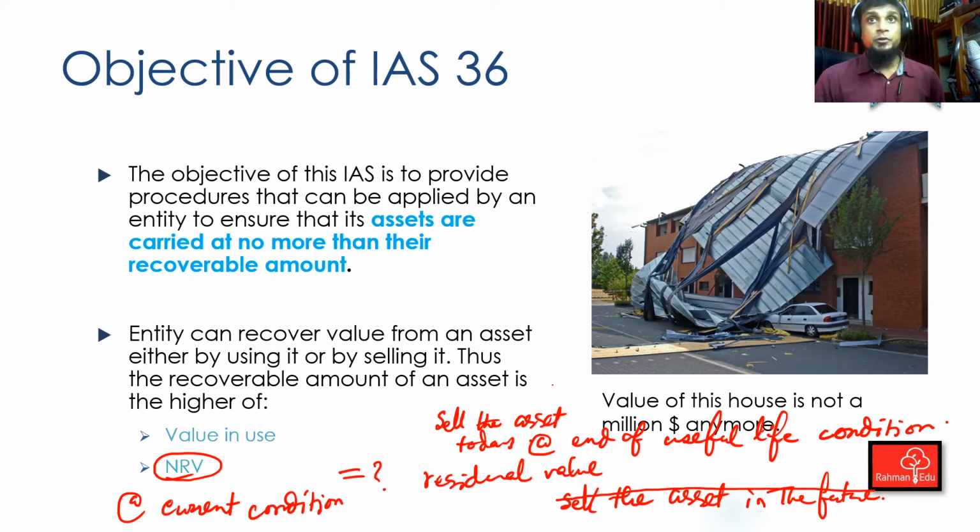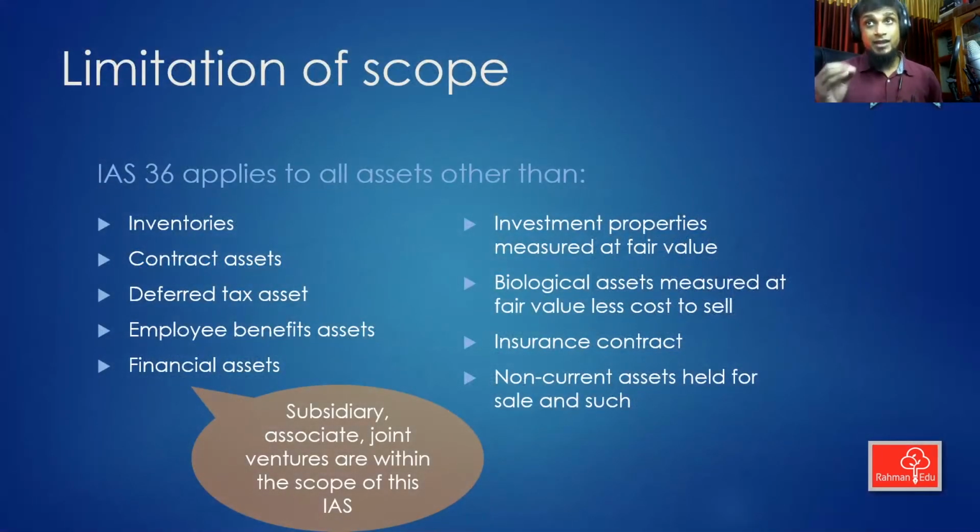Let's move on to our next topic. That was the limitation of this particular IAS, or limitation of a scope, not limitation in general. Limitation of a scope means for what kind of items this IAS will not be applied. Number one, IAS to inventory. Yes. And number 2, contract asset IFRS 15 that comes from a contract with a customer.